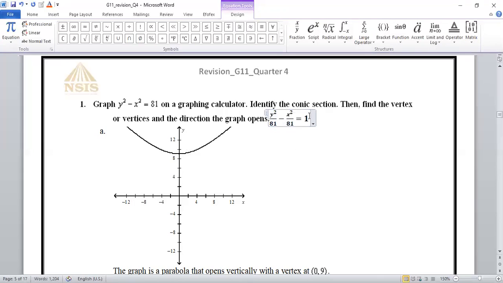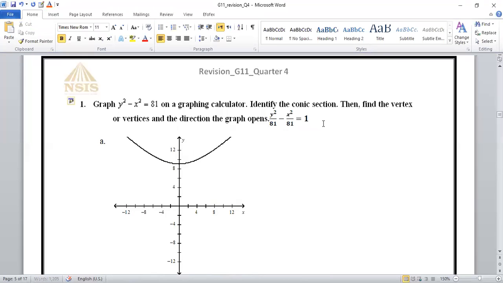We know that A squared is always at the first. From this equation, A equals the square root of 81 and B equals the square root of 81.